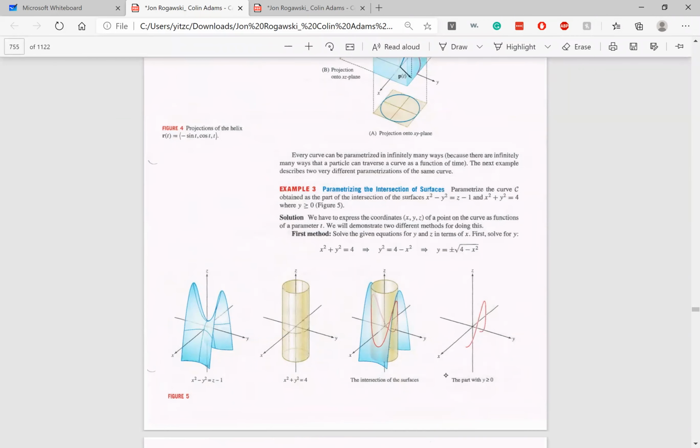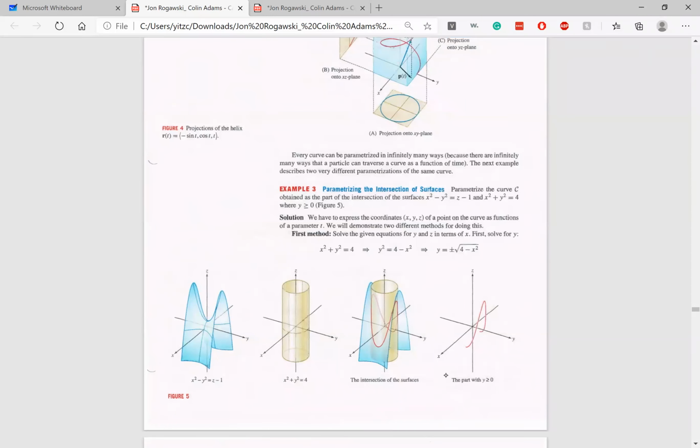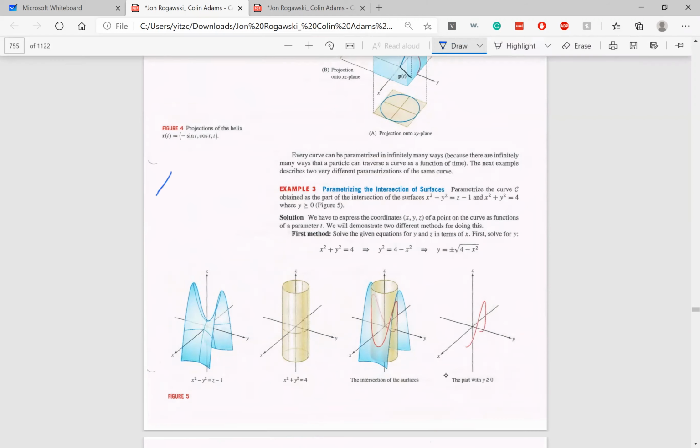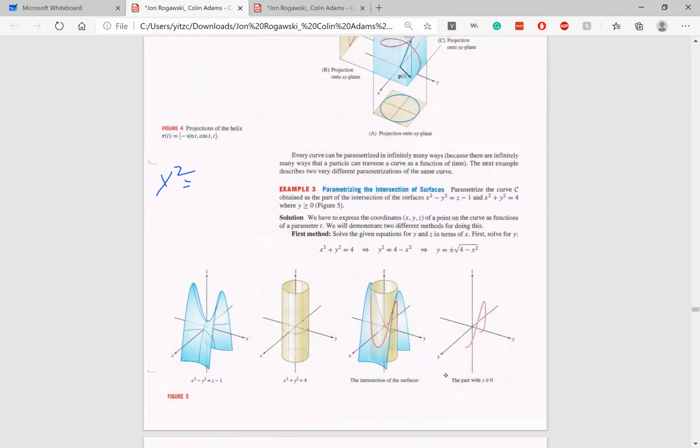So if you have this over here, and we have this over here, we can say that y squared is equal to 4 minus x squared. And this just tells us that y is equal to the square root of this.